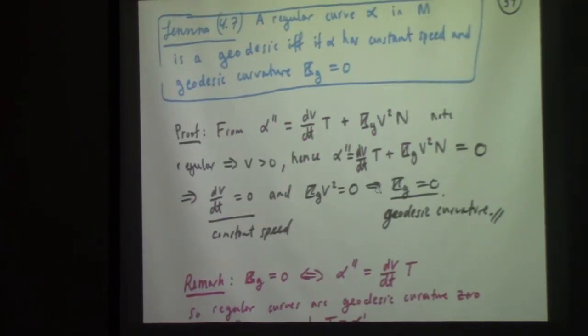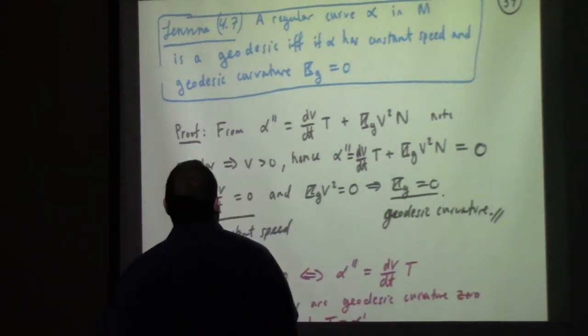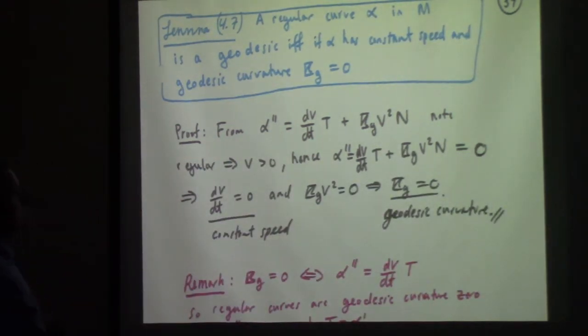Lemma 4.7. A regular curve alpha is a geodesic if and only if alpha has constant speed and the geodesic curvature is 0. So if the speed is constant, that means dv dt is 0. And if the geodesic curvature is 0, that means this is 0.